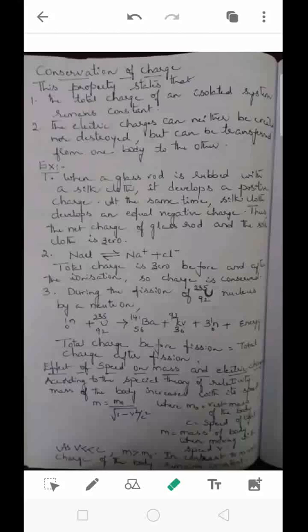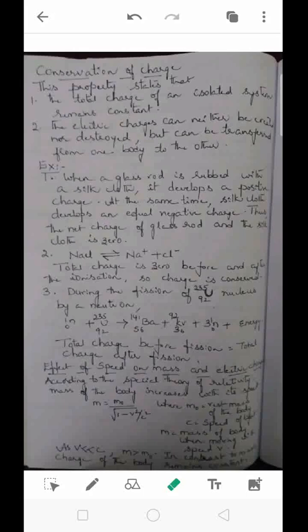Now, the last one is conservation of charge. What is conservation of charge? This shows that in an isolated system, the total charge remains constant. That means charges can neither be created nor destroyed, but can be transferred from one surface to another.